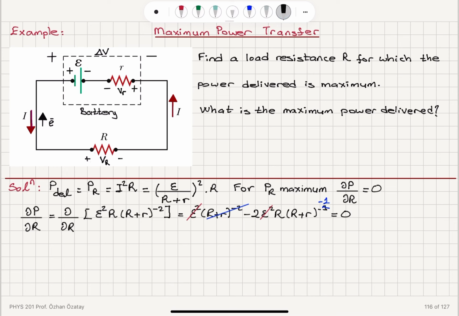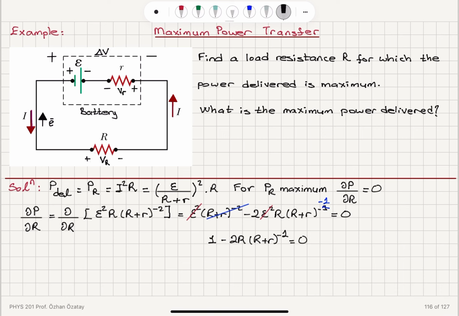We will be left with 1 minus 2R (R plus r) to the power minus 1 equals 0.